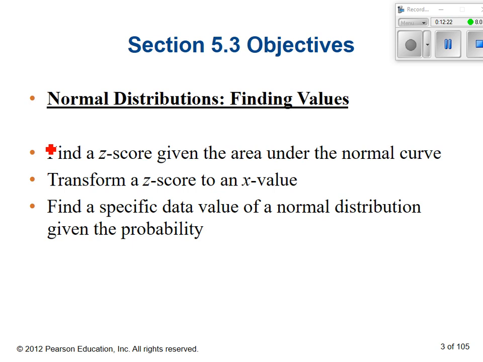Remember, the x value is the raw score. So we're transforming a z-score to a raw score or a raw score into a z-score, finding a specific data value of a normal distribution given a certain probability.